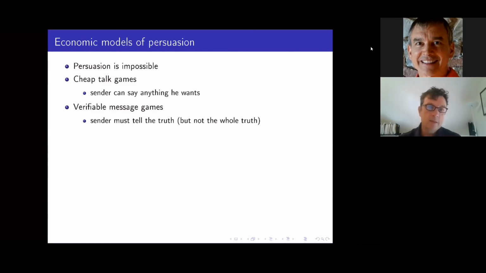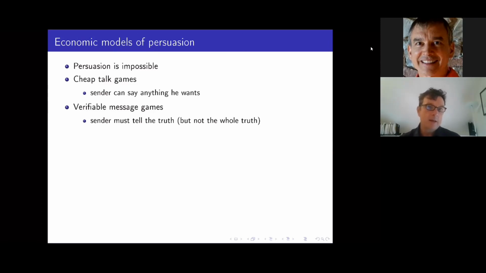On the other hand, there are games that are often referred to as verifiable message games, where I can only send messages that correspond to the truth, but not the whole truth. So, for example, I can communicate elements in a partition, but of course the true state must be in the partition.